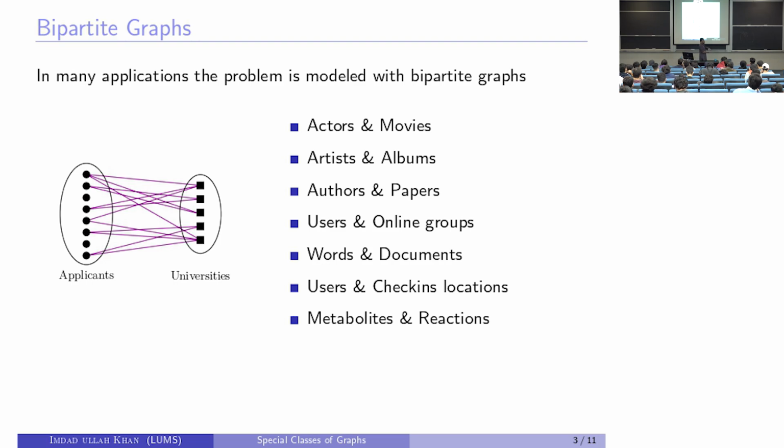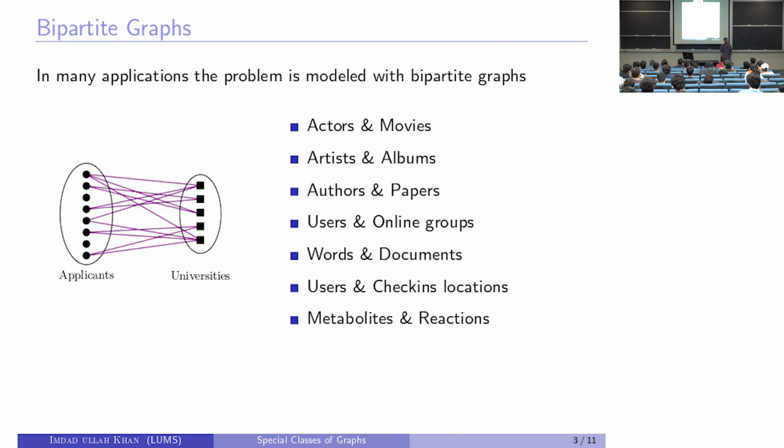So if you have on one side the set of actors or some of these performers, and on the other side the set of movies or some kind of productions, and the edge represents that A is a member of the cast of this movie B, right?